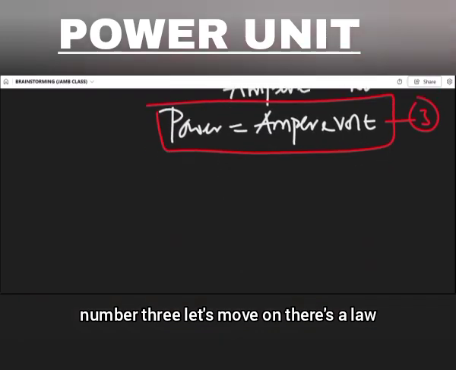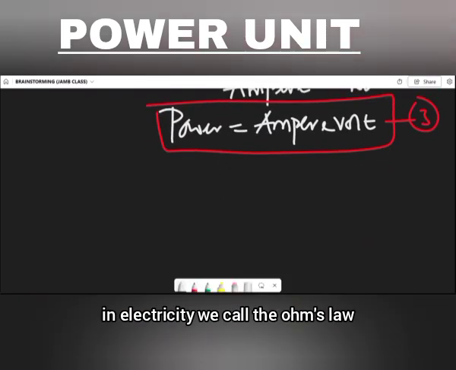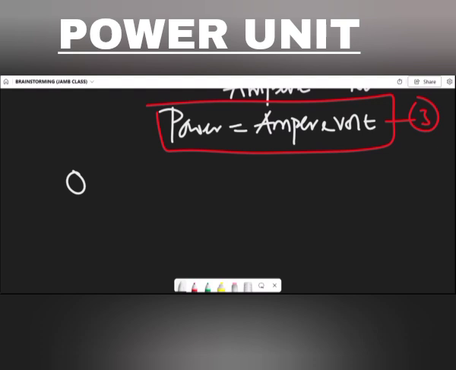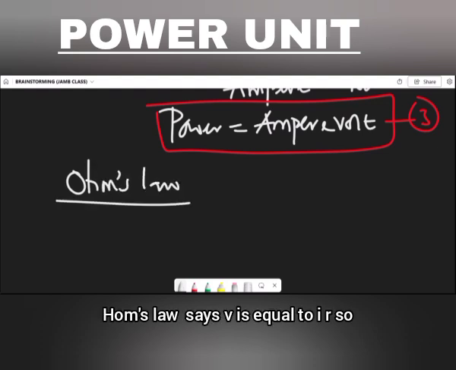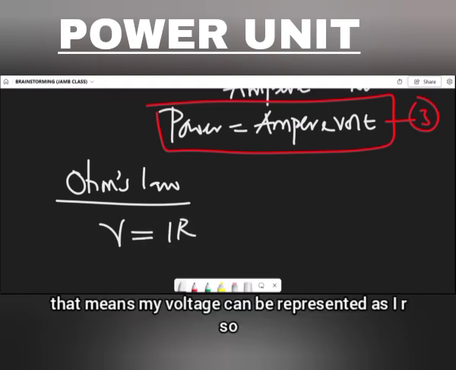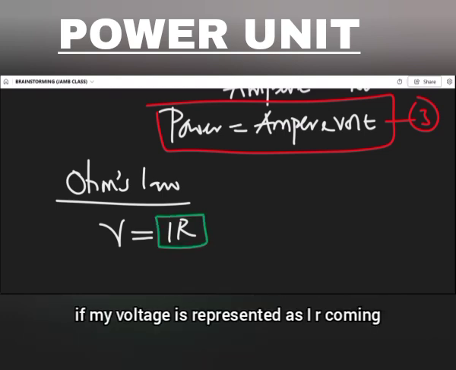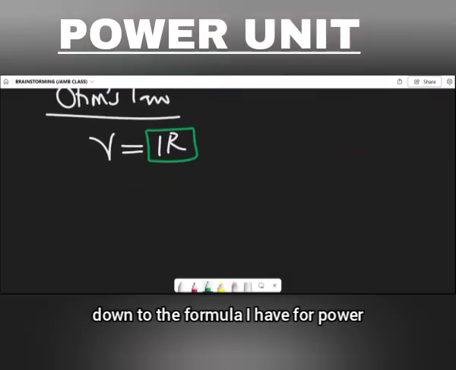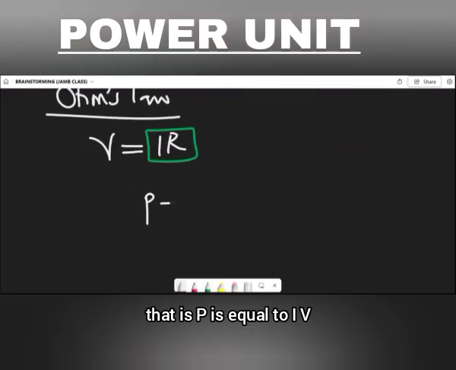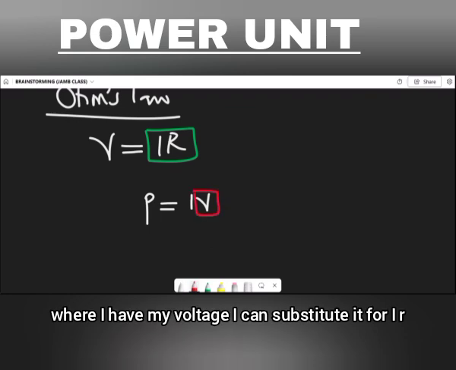Let's move on. There is a law in electricity we call Ohm's law. Ohm's law says V is equal to IR. So that means my voltage can be represented as IR. Coming down to the formula I have for power, P is equal to IV, where I have my voltage, I can substitute it with IR.